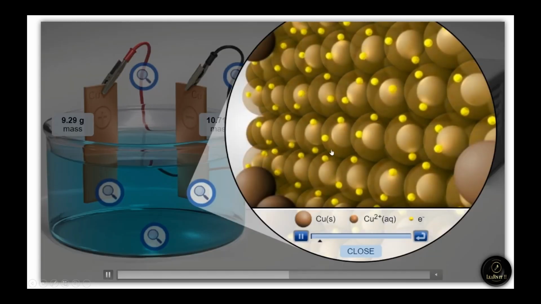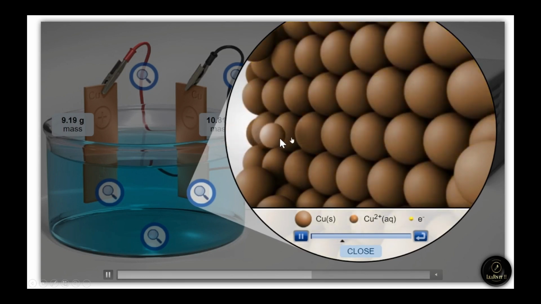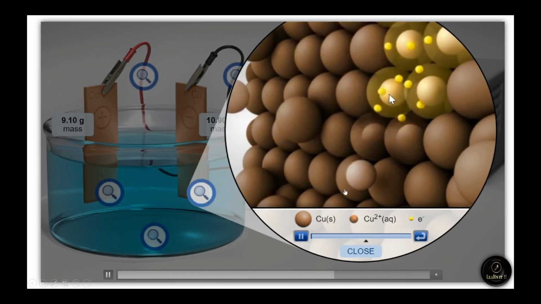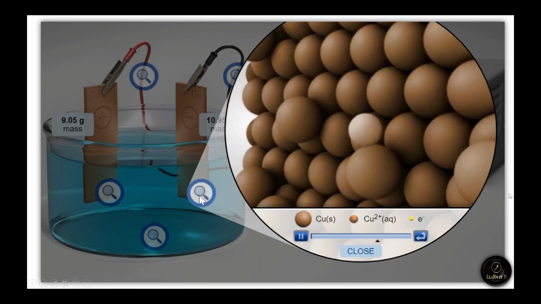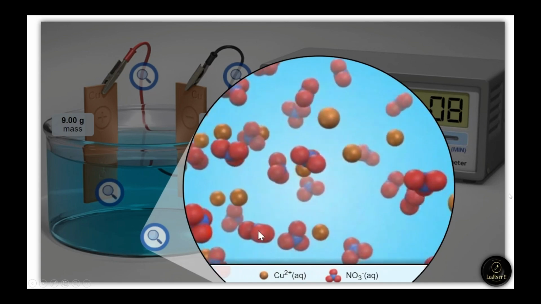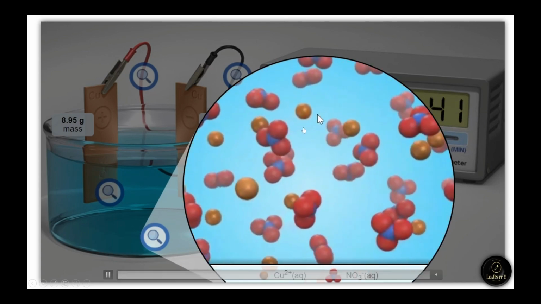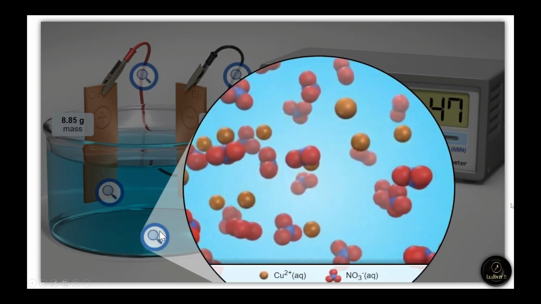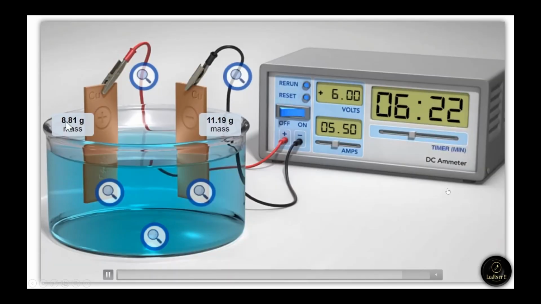With respect to the cathode, there are electrons, so Cu²⁺ ions are getting reduced. Within the solution, the Cu²⁺ ions are moving towards the cathode. That's why the material on the cathode increases.